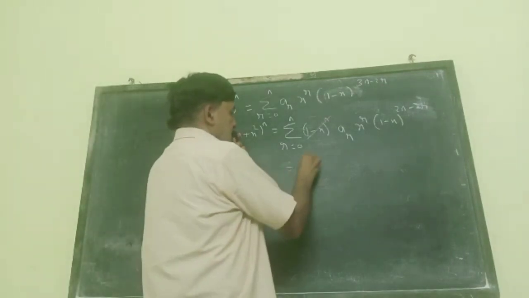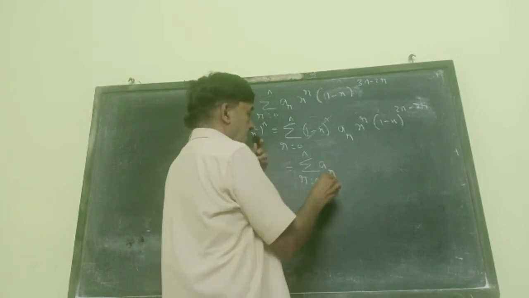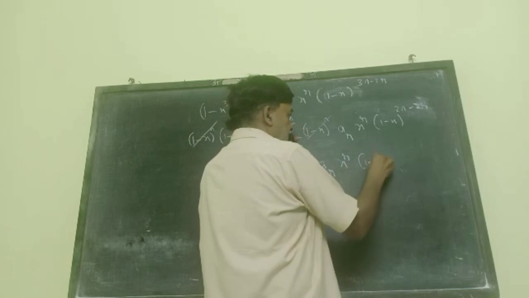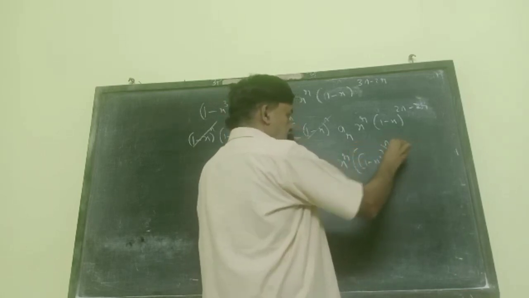Now this is as good as sigma r is equal to 0 to n AR x power r. This is (1 minus x) whole square whole power n minus r.